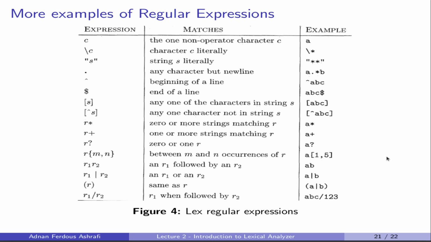So this means there can be either A or either B. And then comes parenthesis R, so bracketed R, which means same as R. Remember, we use parenthesis or brackets only to combine groups. Okay, and finally R1 divided by R2, this means R1 will be followed by the pattern R2.